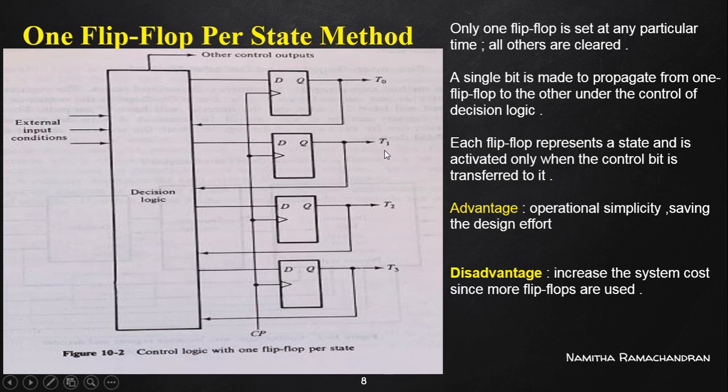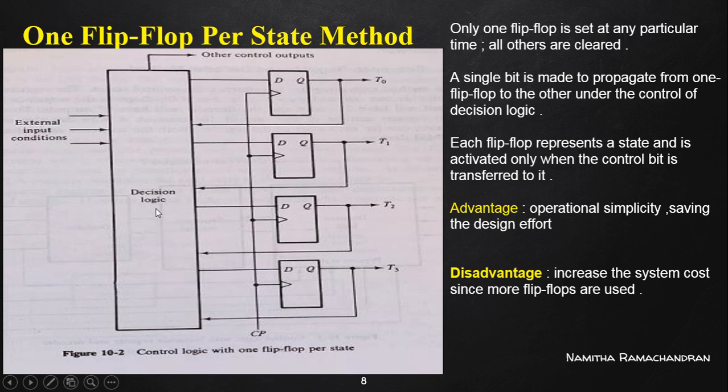Whatever state we want to activate, in that particular flip-flop the control bit becomes available. Okay, if this decision logic wants to activate state T2 now, then the decision logic makes that control bit available in this particular flip-flop.